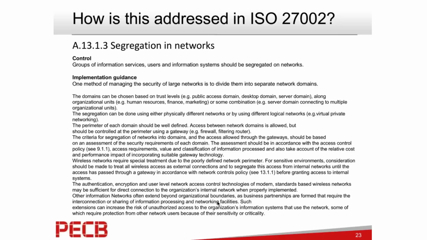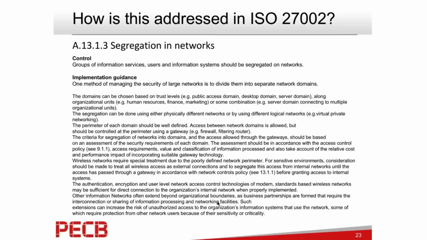For the segregation, you can do it either physically or logically, maybe by having a VPN. A VPN is one of the solutions you can utilize to segregate your network. In all cases, for any network domain you define, you need to identify its perimeter. If access between multiple network domains is allowed, you also need to control that access.